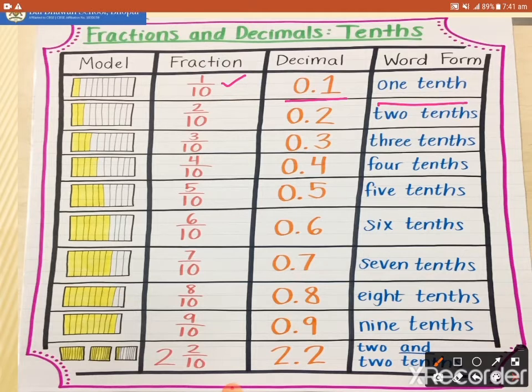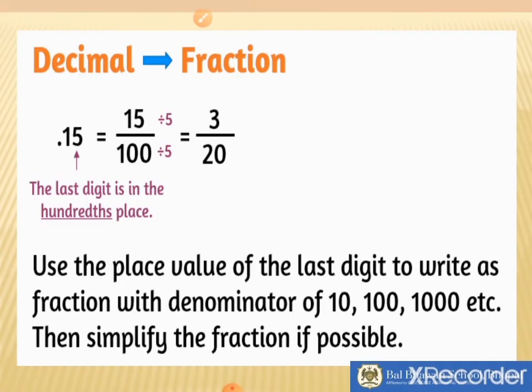If we shade two parts out of 10, it will be represented by 2 upon 10 in fractional form. In decimal form, we write 2 on the 10th place, which is 0.2. We call it 2/10, and so on. So children, this is the way of converting a fractional number into a decimal number.